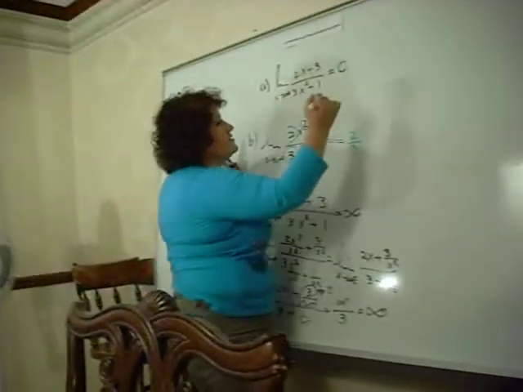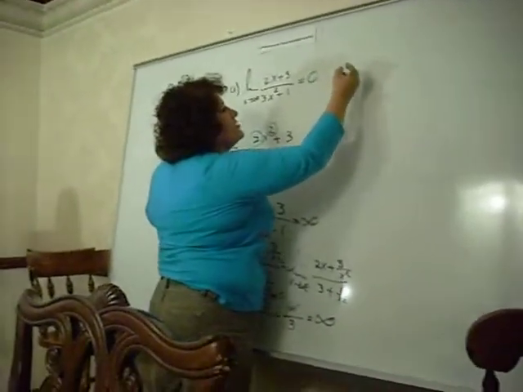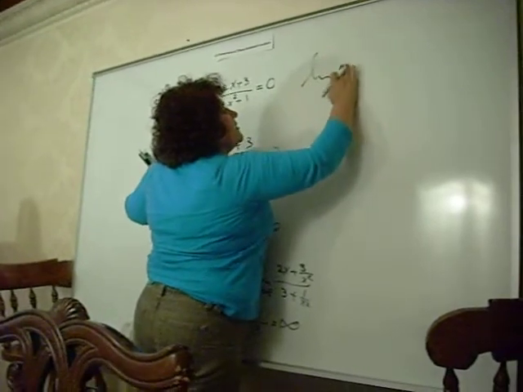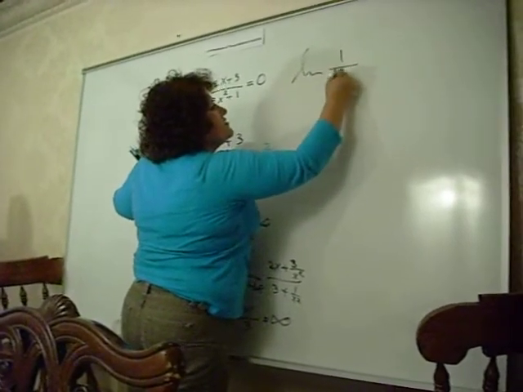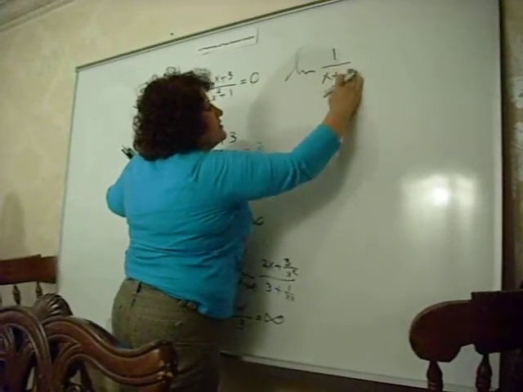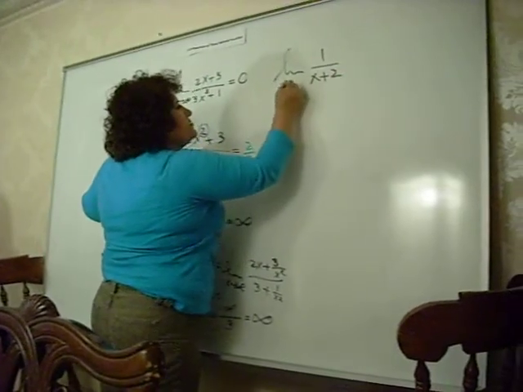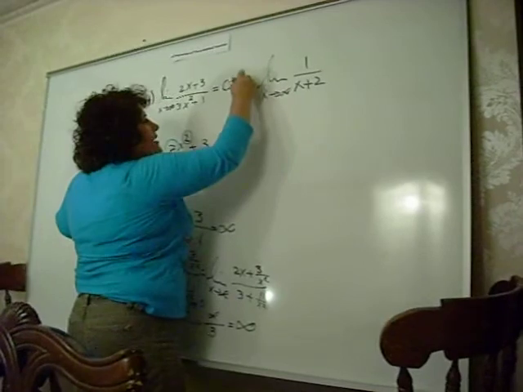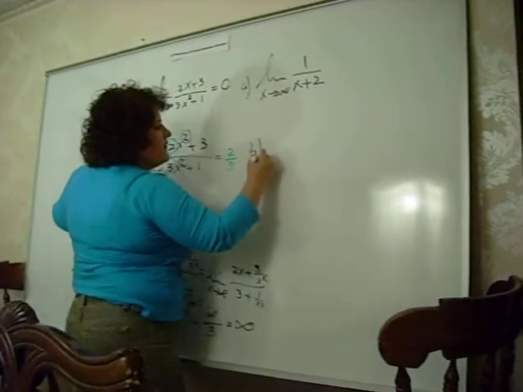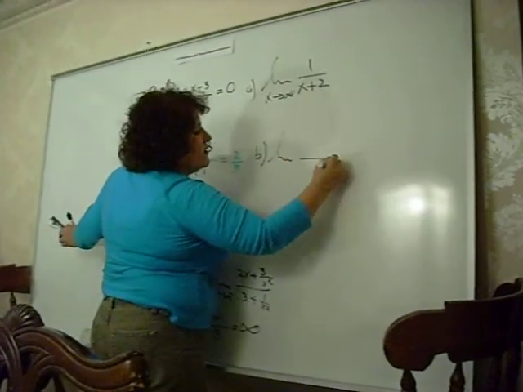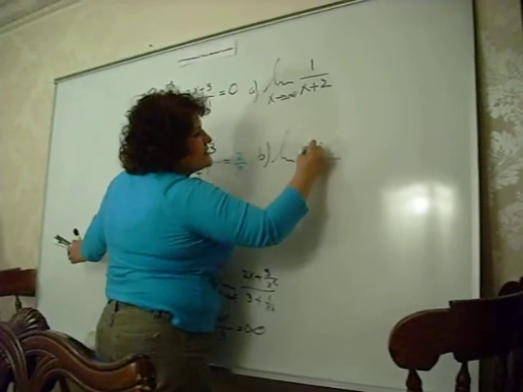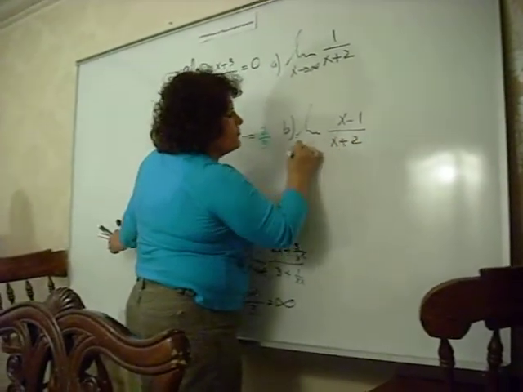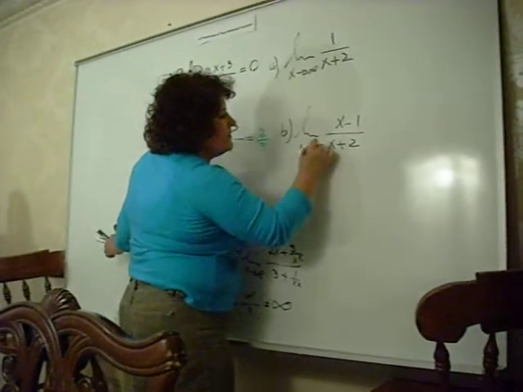Can you please stop the tape and do these? Example A: the limit of 1 over x plus 2 when x approaches infinity. B: the limit of x minus 1 divided by x plus 2 when x approaches infinity.